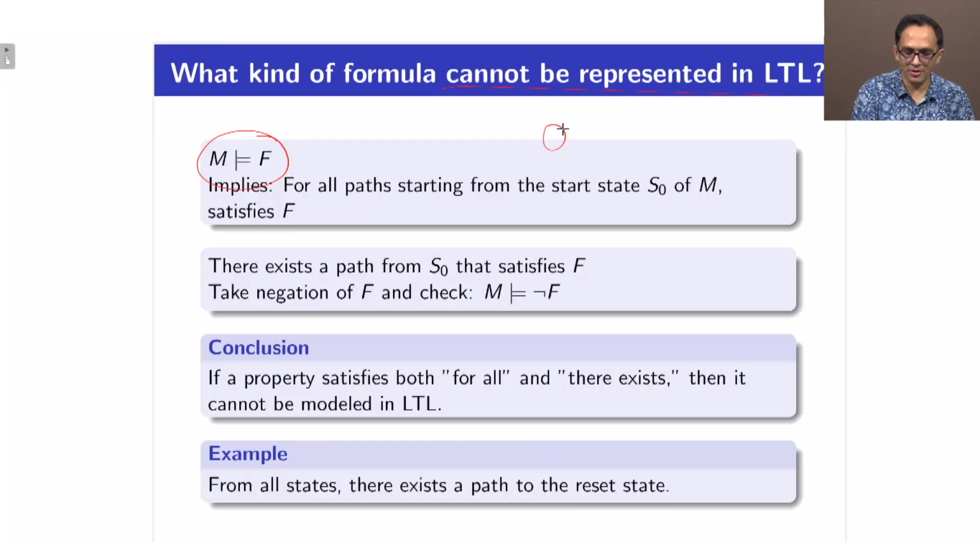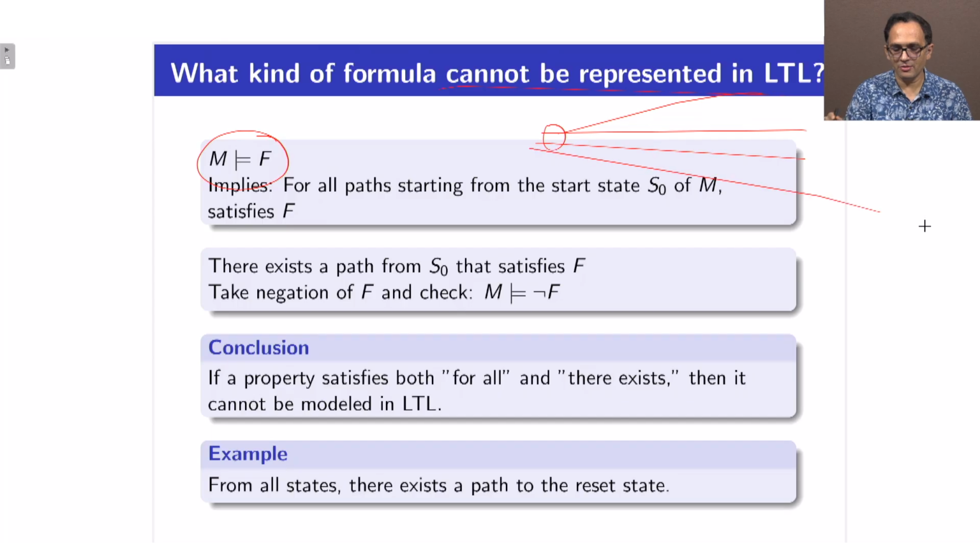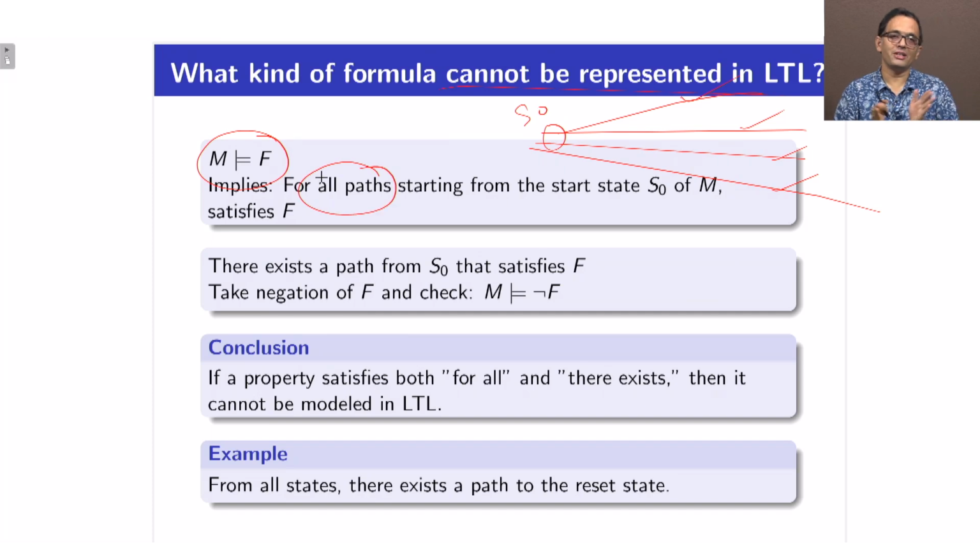From the start state there may be many paths, and all paths starting from the start state should satisfy this formula. So whenever I say that this particular model or Kripke structure satisfies a formula, it inherently implies that all paths starting from the start state should satisfy it. By default, the formula is checked on all paths.